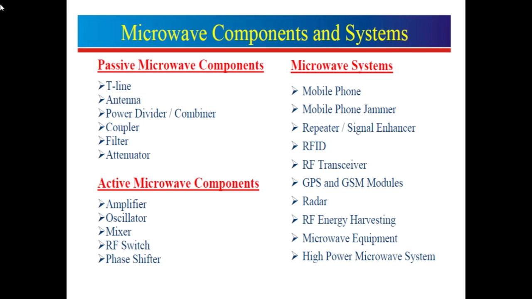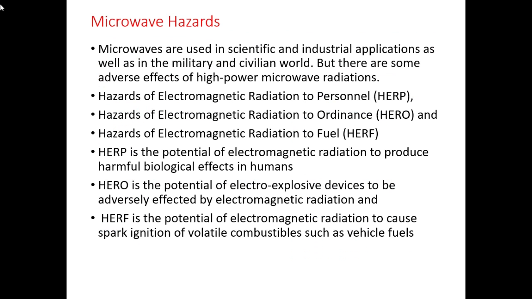Active microwave components must have a non-linear device like a transistor or a diode in them. An amplifier, oscillator, mixer, RF switch, and phase shifter can be called active microwave components. Combining passive and active microwave components, we build a microwave system, such as a mobile phone jammer, repeater, RFID, RF transceiver, RF energy harvesting, microwave equipment, high power microwave systems, etc.